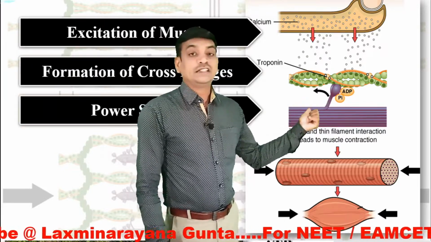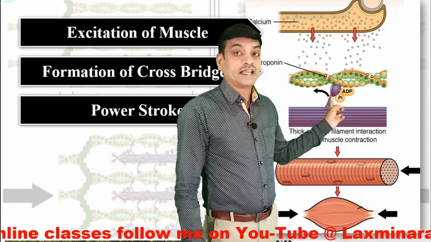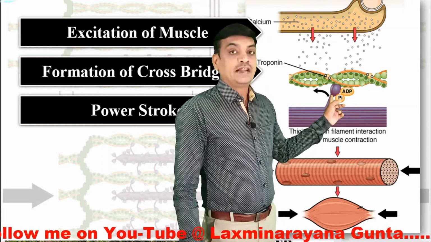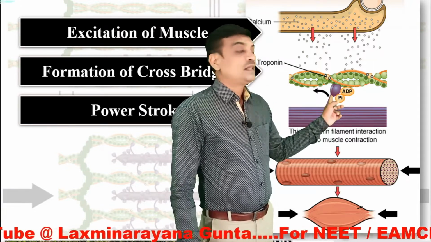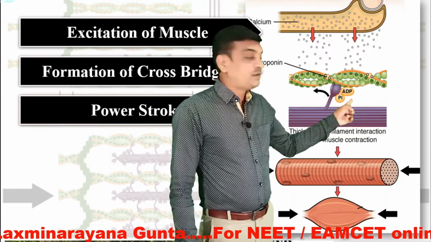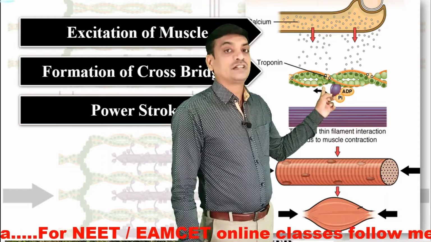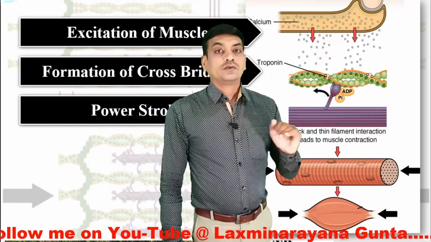And the third one is the power stroke, during which the ATP binding site on the myosin head receives ATP, and in the presence of the enzyme ATPase, this ATP is converted into ADP and inorganic phosphate, and thereby the chemical energy is converted into mechanical energy, which pushes the actin filaments towards the M line.